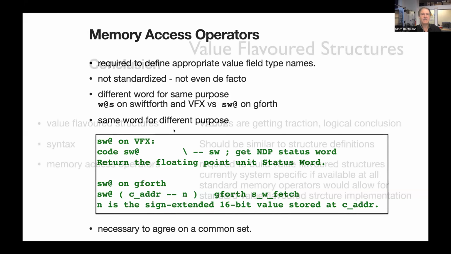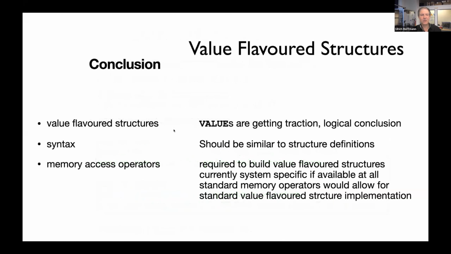Anyway, I come to my conclusion. You can define records or structures, similar to other programming language constructs, with value-flavored structures, which extend the idea of values to structures. Many people use values extensively, so it's only a natural extension to use them in structures as well.